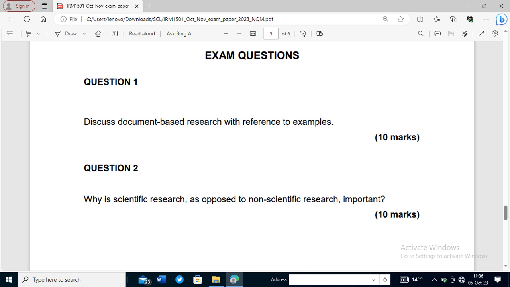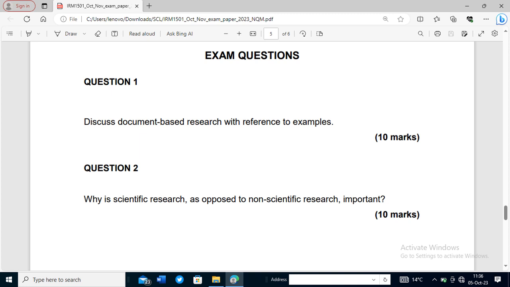By describing scientific research and also describing non-scientific research, you're going to find why this one is important or why this one is less important. So you're going to be able to answer this.